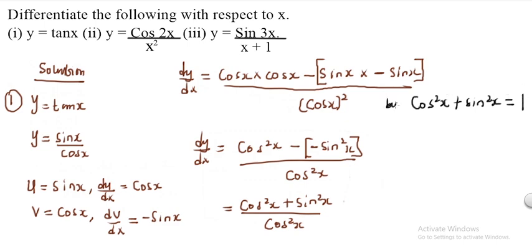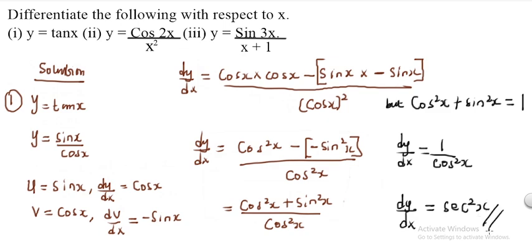So dy over dx is equal to 1 over cos squared x. Now 1 over cos squared x is simply sec squared x. So dy over dx is equal to sec squared x. So that's the answer to this particular problem.